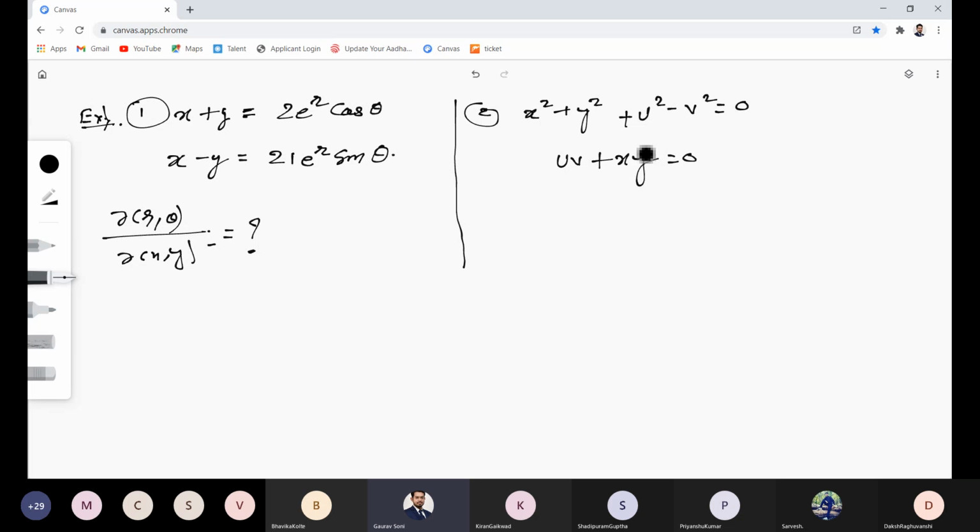How can we do this? Anyone? In this case, Jacobian of u, v with respect to x, y. If yes, how? If no, why?